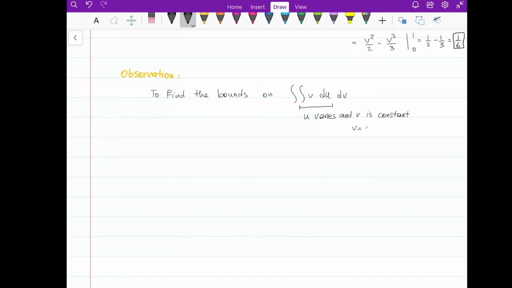V was equal to xy. So this is constant, meaning that xy equals some constant. The equation of that is hyperbolas.